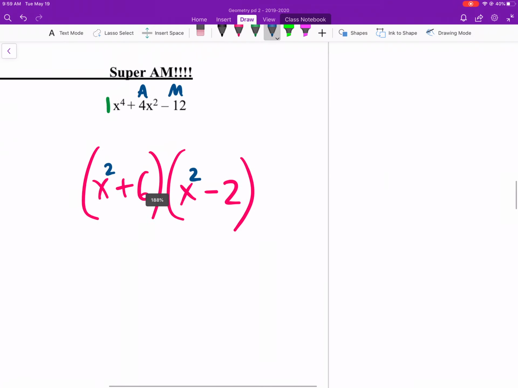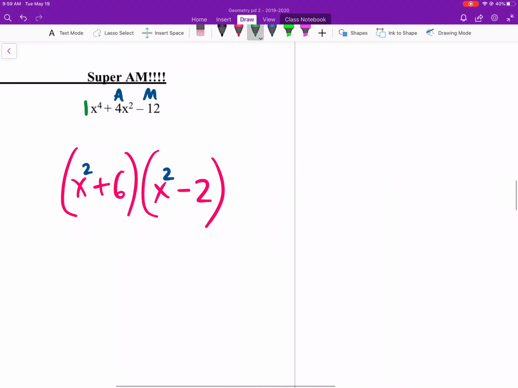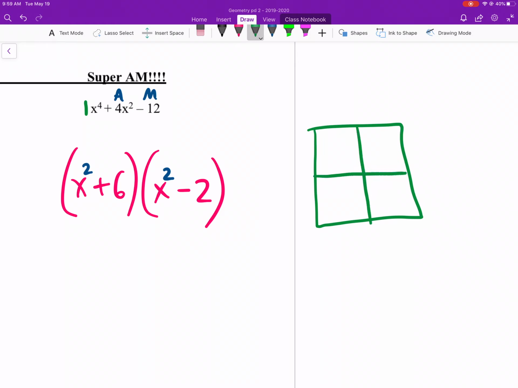And you could check that, right? Let's just do the box method real quick. I want to definitely show you how this works. If we were to say x squared plus 6 and then x squared minus 2, watch how this multiplies out. X squared times x squared is x to the 4th. Remember adding exponents. Negative 2 times x squared is negative 2x squared. 6 times x squared is 6x squared. 6 times negative 2 is negative 12.